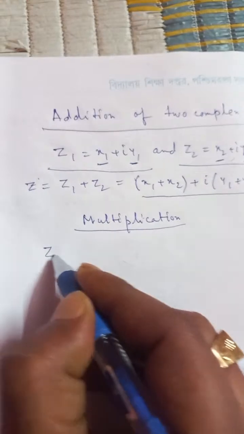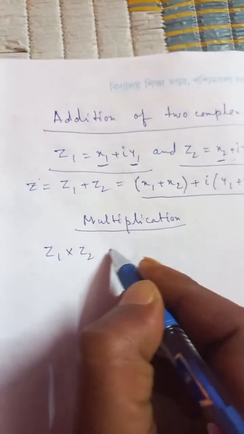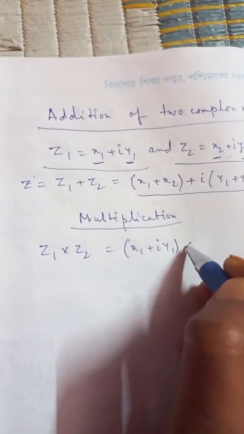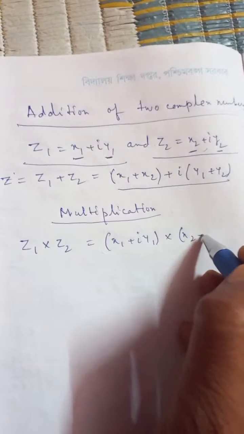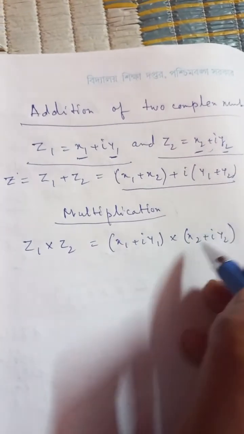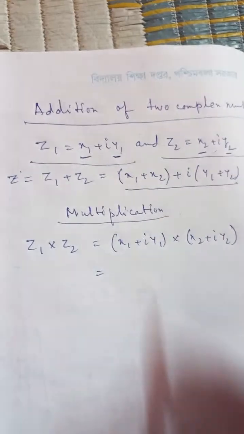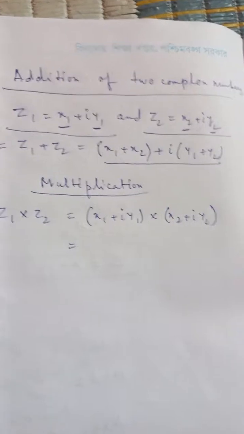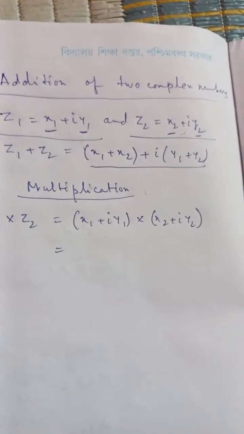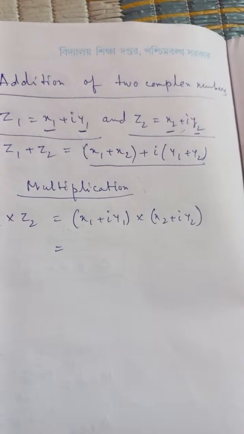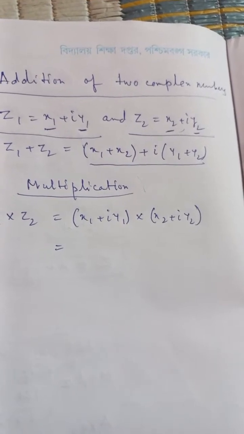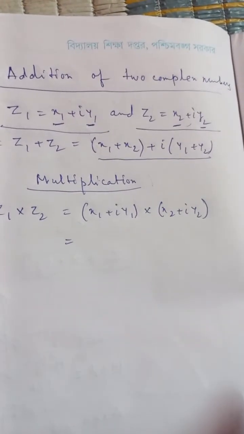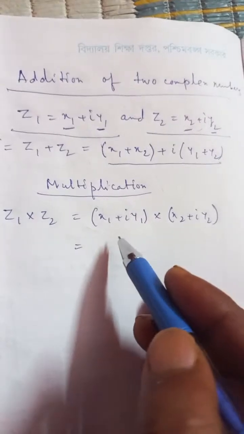So z1 multiplied by z2 is equal to (x1 plus iota y1) multiplied by (x2 plus iota y2). So how can you multiply two complex numbers?